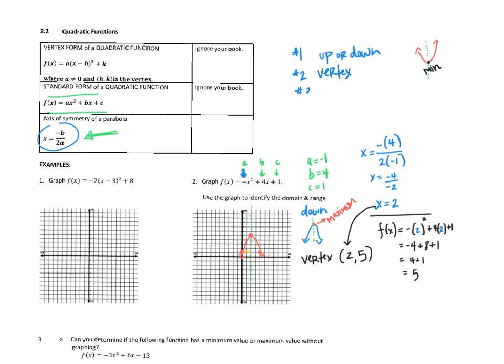So we didn't use the x-intercepts here, but you can. We did use the y-intercept. And then don't forget that your parabola has symmetry. So those are just some helpful ways that if you are doing it by hand, you can graph either in vertex form or standard form.